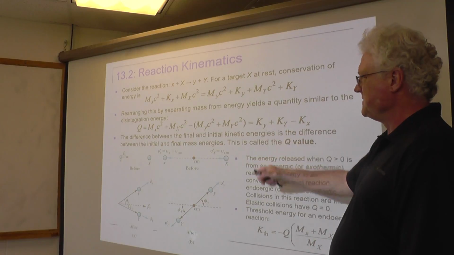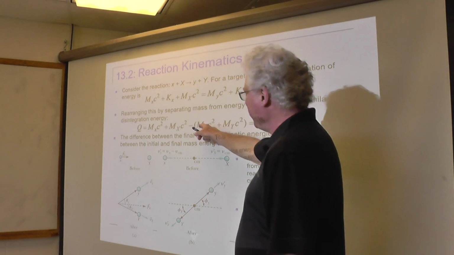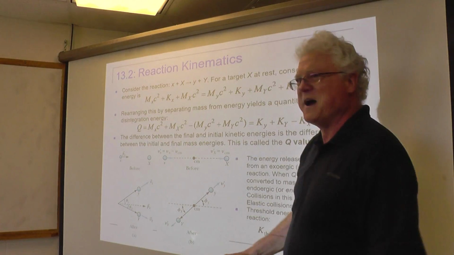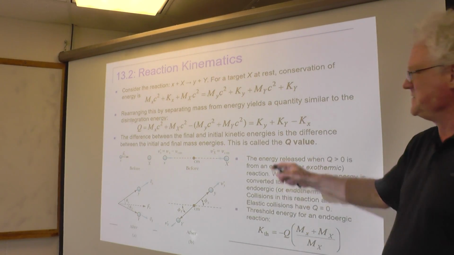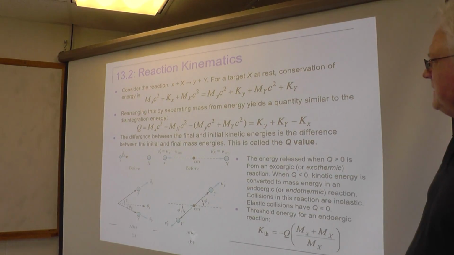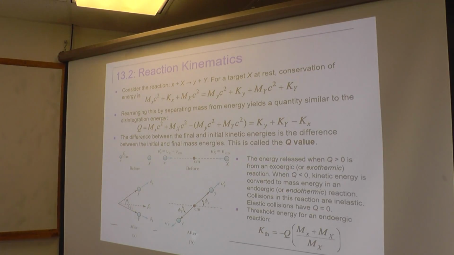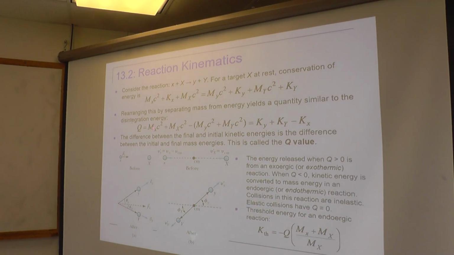And so just using energy conservation and including the fact that the mc squared energies just do not exactly add up, that's what gives you that extra kinetic energy, which is going to be this guy right here. And so what the people have done historically is that we'll define this difference in energy as being the Q value.